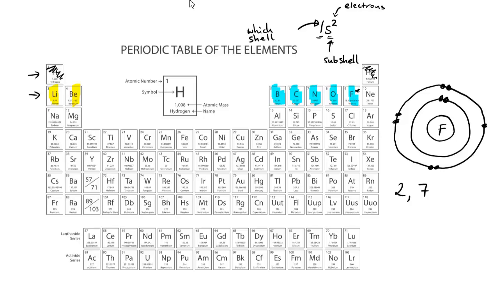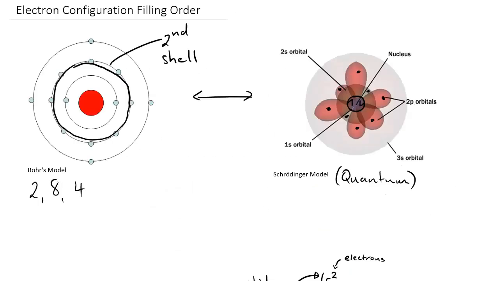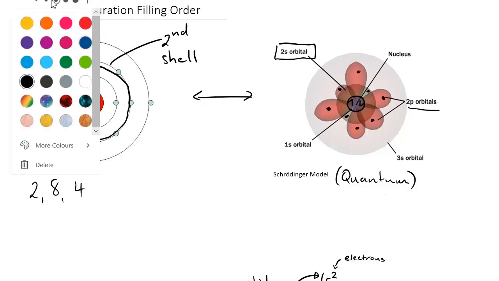Let's go back to the example that we saw before. So we saw that there's something called a 2s orbital, and then there are, interestingly, 2p orbitals. Now the 2s orbital, I'll try to draw this in a different color, might use red.